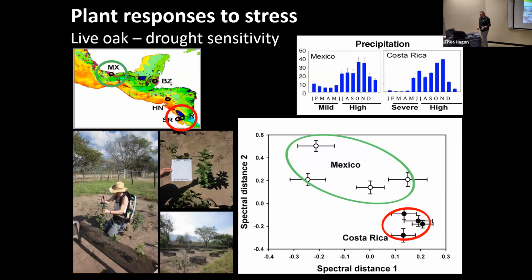But you can see that the plants from the Mexican province had much more spectral variation in response to the water stress. But they also had a better growing environment, less severe stress. Whereas in the Costa Rican plants, the spectral variation collapsed, suggesting that their response to water stress is probably more controlled and less variable than the plants from the Mexican province.